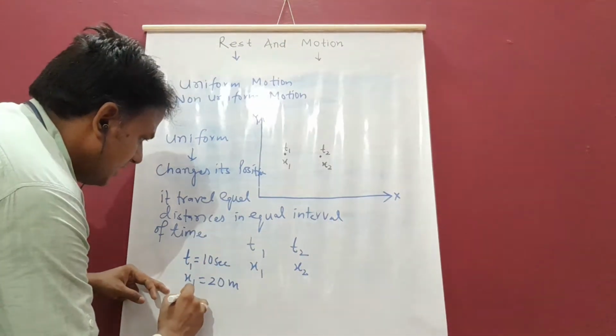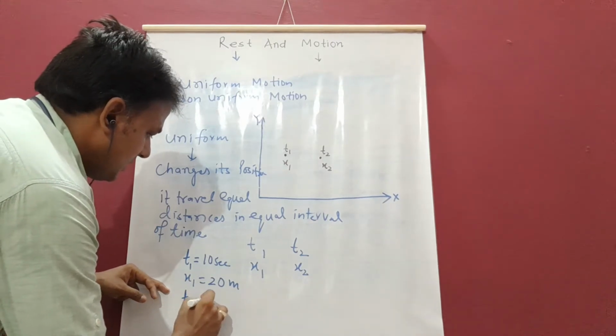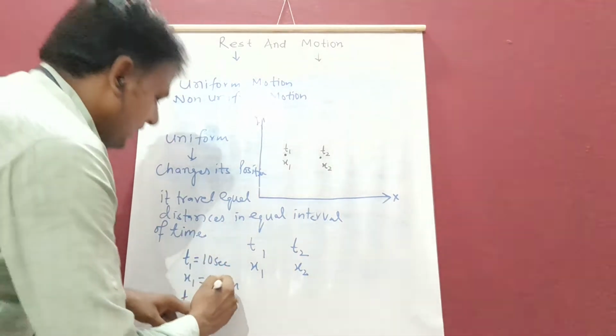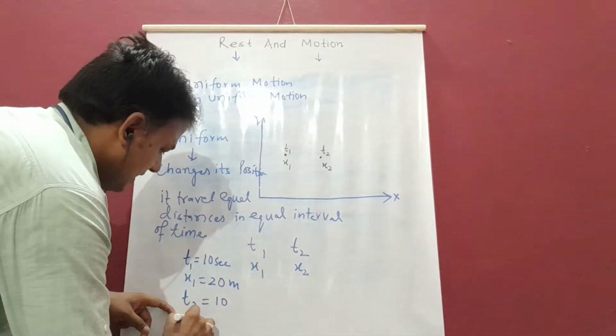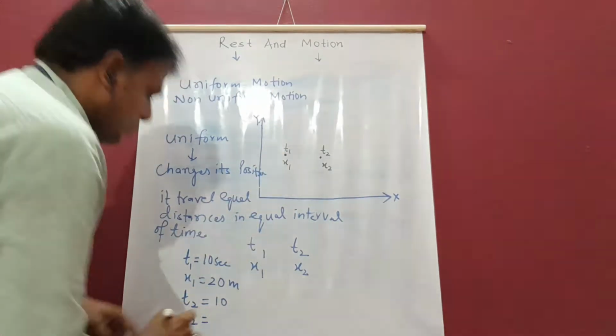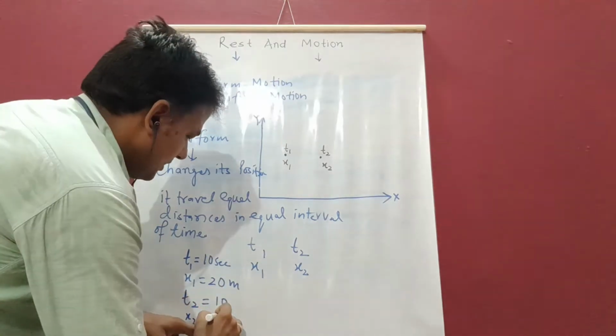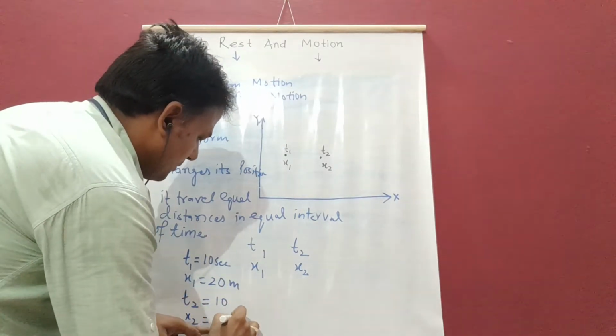Similarly, t2 equals again 10 second, next 10 second, and x2 equals again 20 meter.